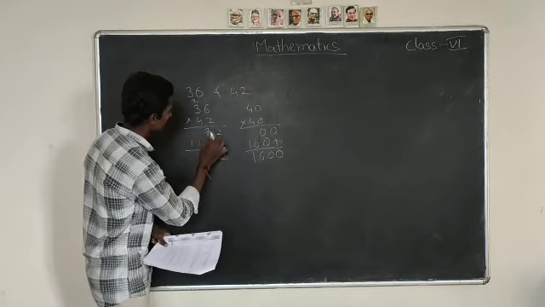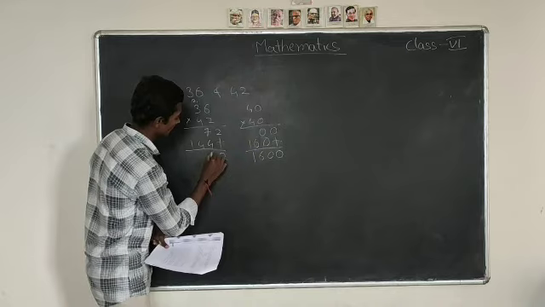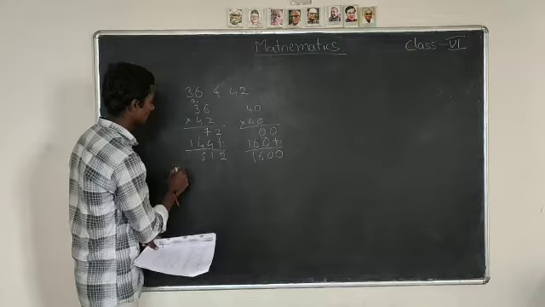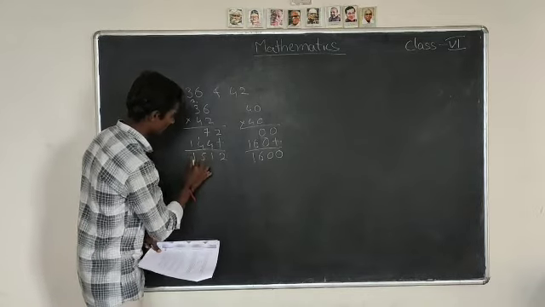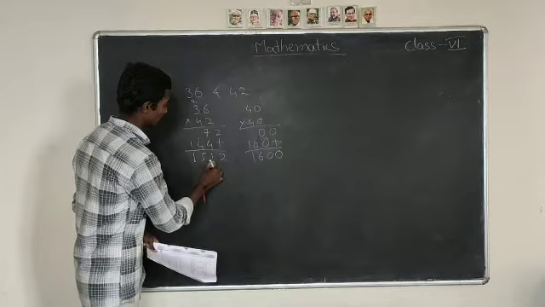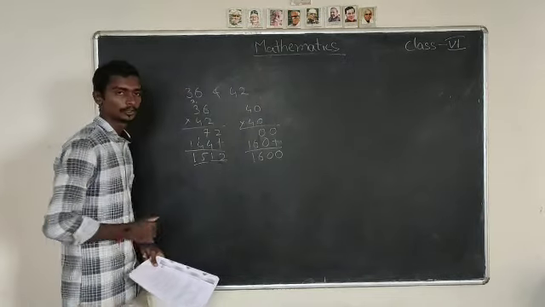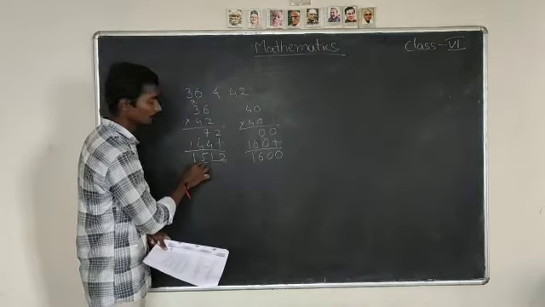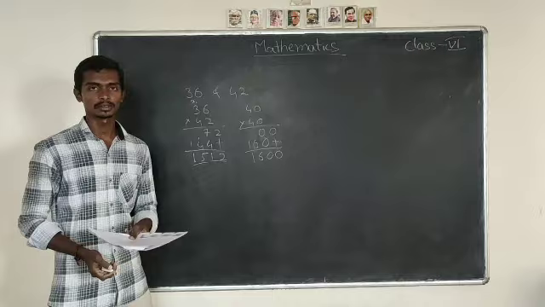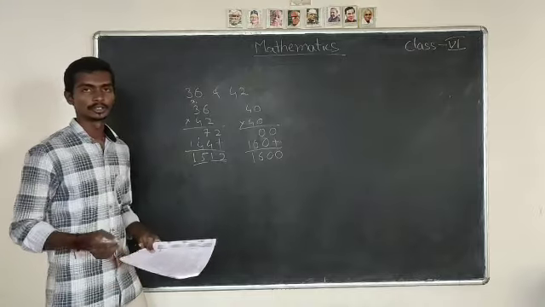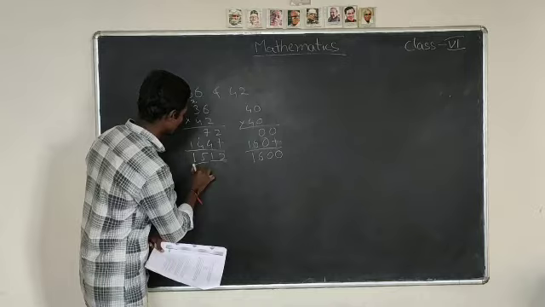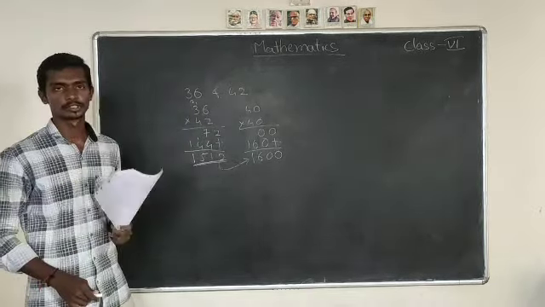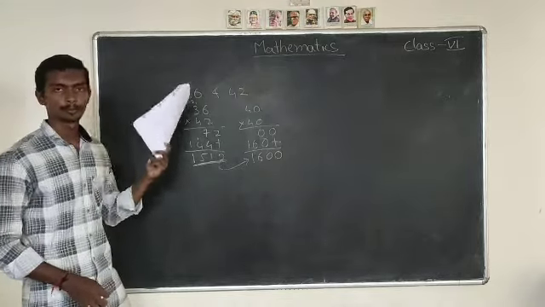This is 2, 7 plus 4 is 11, 1 plus 4 is 5, and this is 1. See, this number, if we approximate, what will we do? We will look at this second digit place. This is 5. What is the convention? If the number is 5, we need to take the next number. So this is closer to this. This is how approximation is used in estimation of a product.